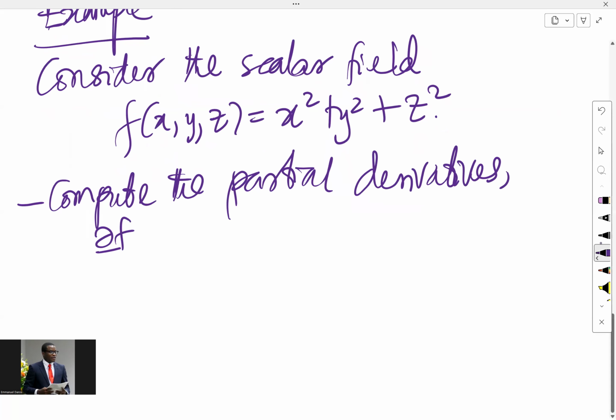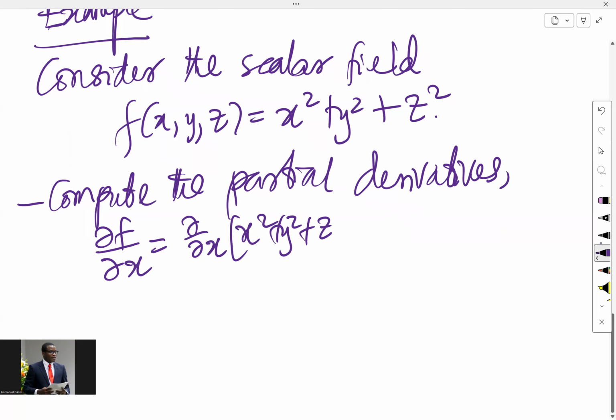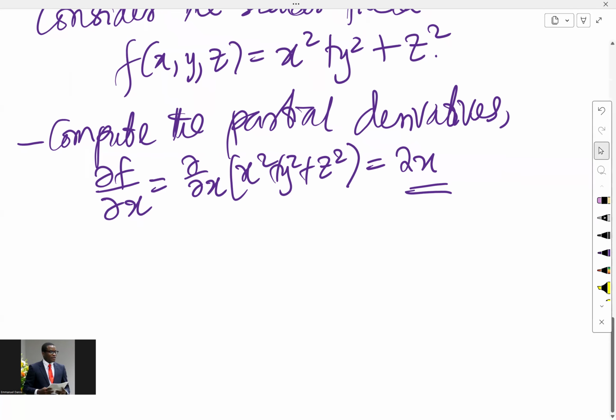So partial f partial x is partial x of x squared plus y squared plus z squared. The only term that works is x squared; partial y squared partial x is 0, and partial z squared partial x is also 0. So partial f partial x is simply 2x.